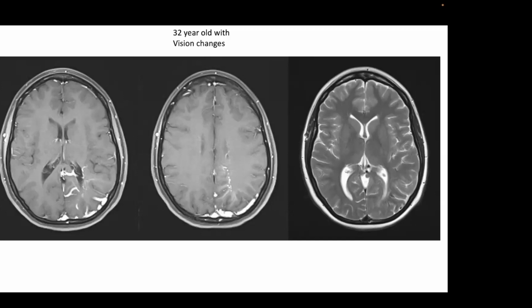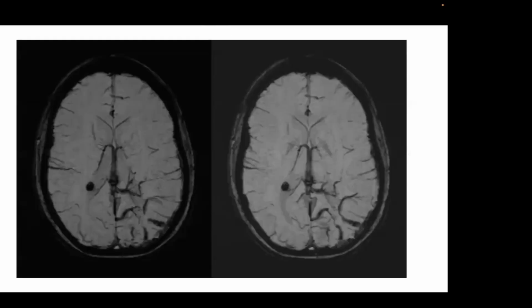But when you look at the imaging, this thing is so large and so unusual that it's hard to feel comfortable with that diagnosis, even though it ticks all of the characteristics that are typical for a DVA. So in this particular case, I want you to look at the susceptibility weighted imaging.